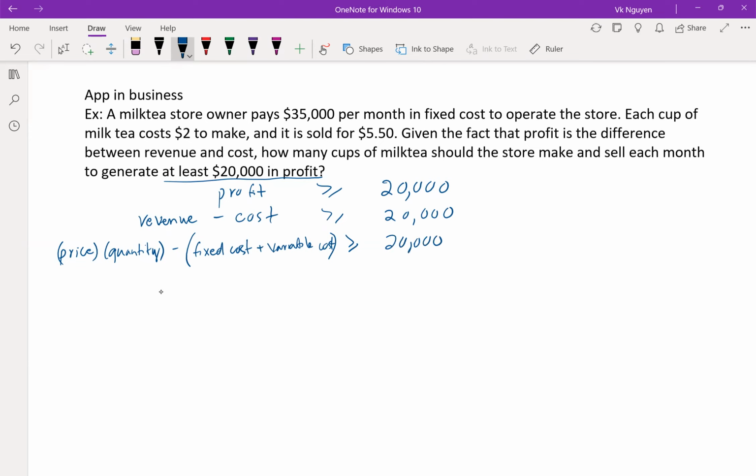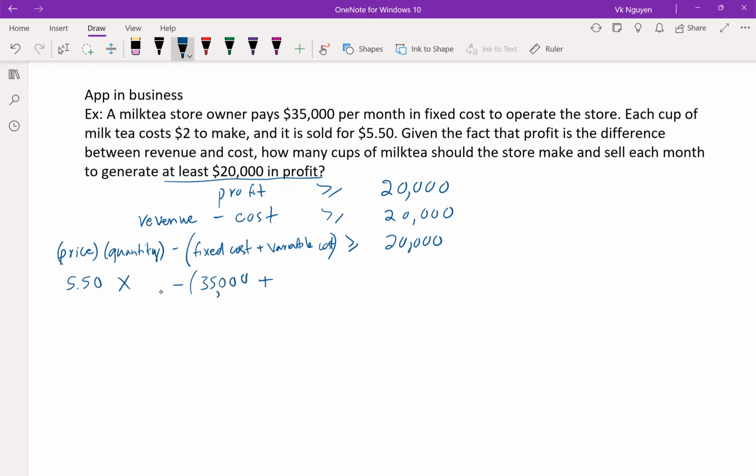Okay. Price per cup is $5.50. Quantity, well, we don't know the number of cups, so the quantity is going to be X. The fixed cost is 35,000.